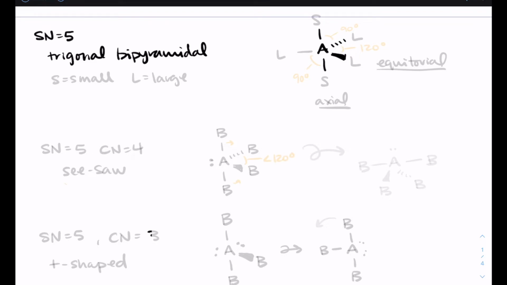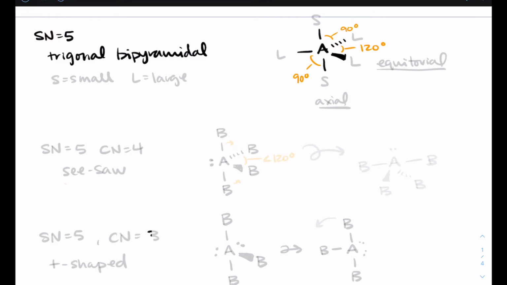Now, those two things, right, they're 180 degrees apart, but I've also got some stuff in the middle, so that 180 is not my bond angle. Around the equator, in my equatorial positions, I have the large atoms, and I have 3 of them. So I'm doing 5 things around.